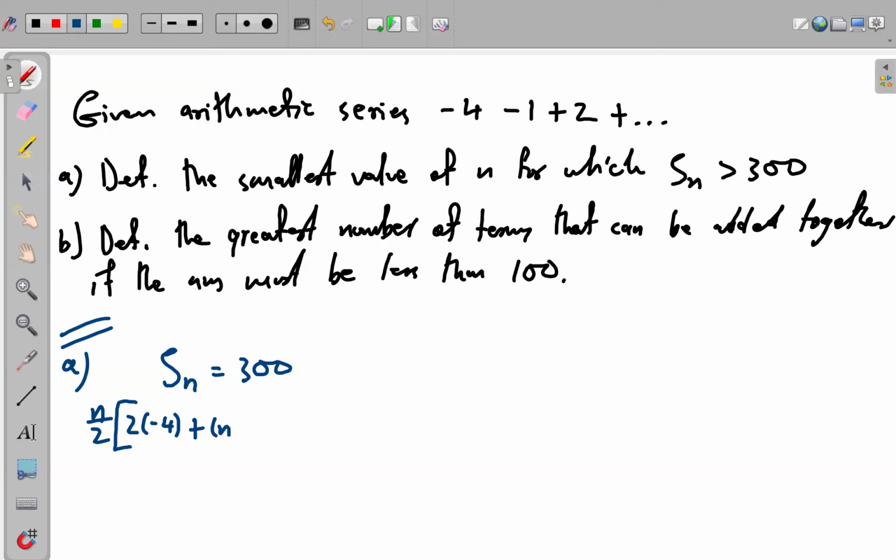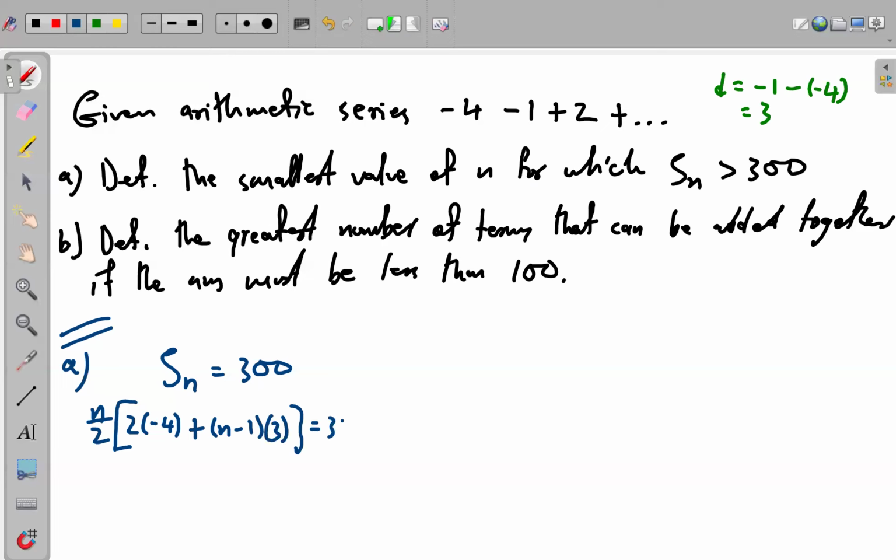Then n minus 1. And again, be careful, please. You are looking for the constant difference here. You will be doing -1 subtract -4, and this gives you a +3. If you've got to use a calculator to avoid errors, so be it. So the constant difference here is +3.